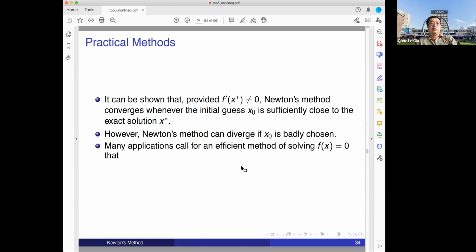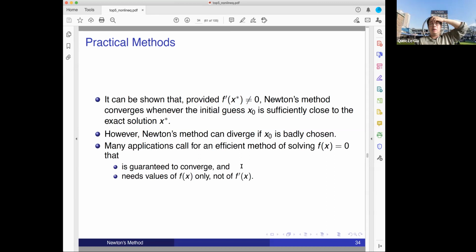So in many applications, you try to solve f of x equals 0, and you want the method to always converge. You don't want a diverging algorithm. And sometimes, especially in engineering applications, you don't have the derivative.